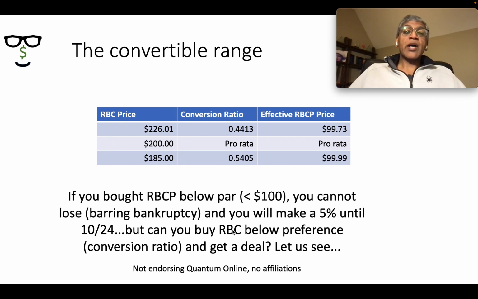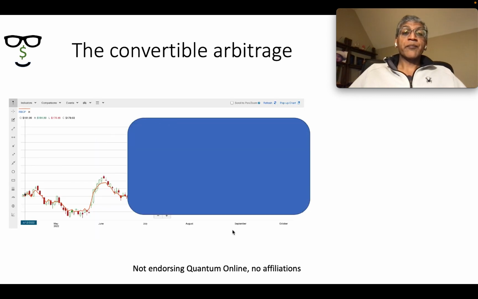But can you buy the same stock where it is trading above par, and will that still be a smart decision? And to answer that question, what we need to look at is called the convertible arbitrage. We're just going to set it up in this unit and we're going to come back to it later. As you can see, if I were to compare the rate of change of RBC and RBCP, they are in lockstep for May and most of June.